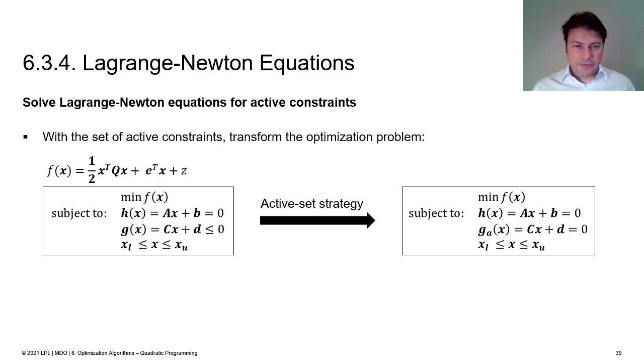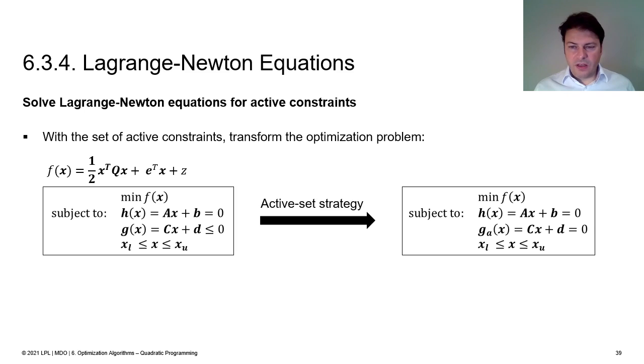And for this, we need to transform the original quadratic programming problem with inequality constraints into one with equality constraints only. And we can do that by replacing the inequality constraints by equality constraints for those constraints that are active and ignoring those inequality constraints that are not active.